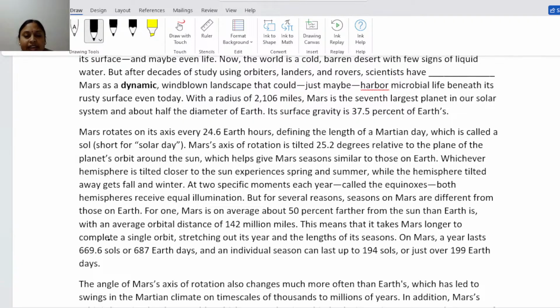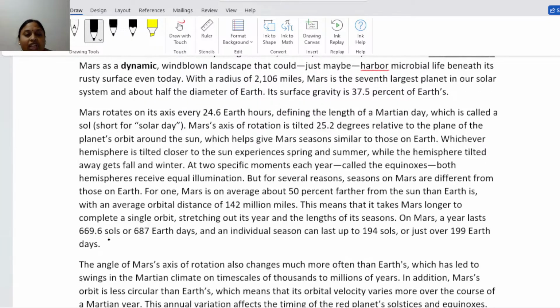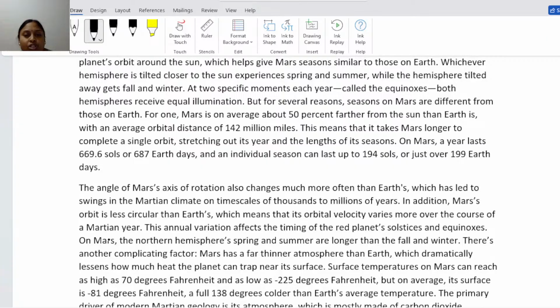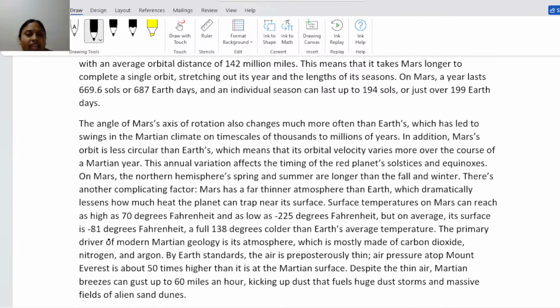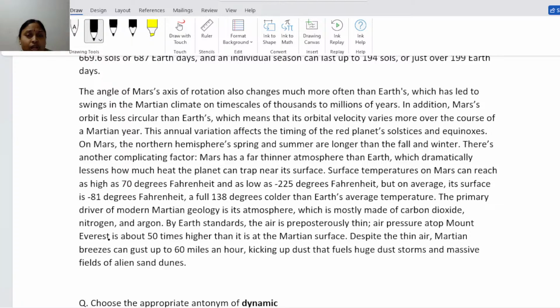So on Mars, a year lasts 669.6 sols or 687 Earth days, and an individual season can last up to 194 sols or just over 199 Earth days. The angle of Mars' axis of rotation also changes much more often than Earth's, which has led to swings in the Martian climate on time scales of thousands to millions of years.